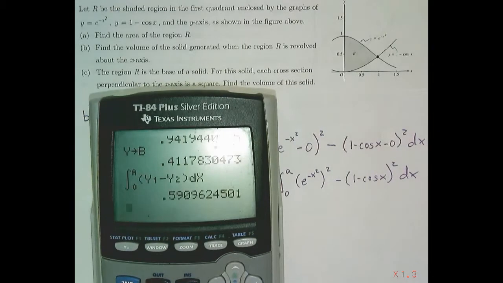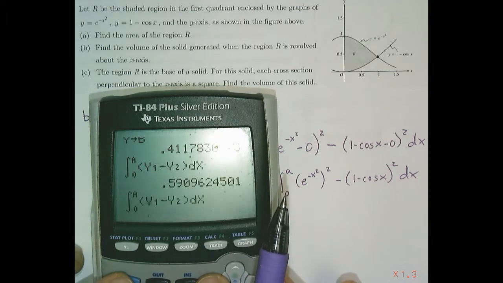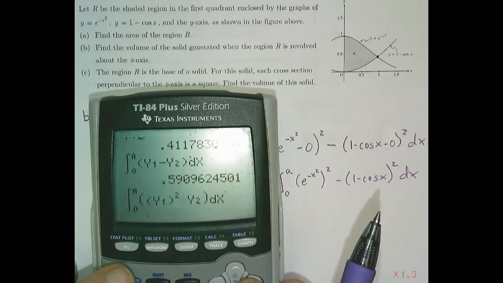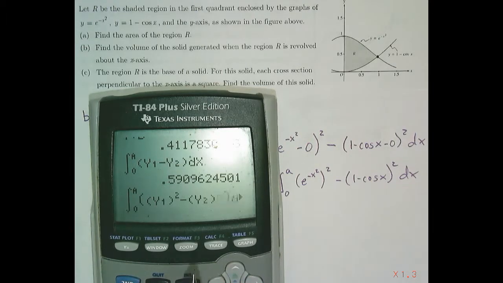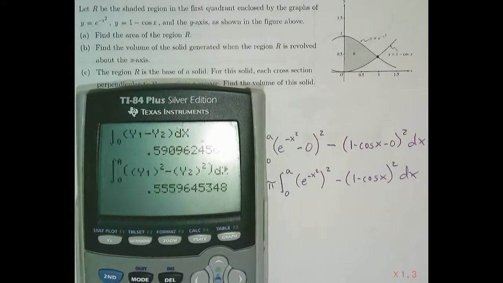So if we turn to the calculator, all we have to do is take this expression and change y1 to y1 squared and y2 to y2 squared. So let's put parentheses around the y1, square it, and then put parentheses around the y2 and square it. And this will give us our volume of revolution times pi, or our answer times pi.